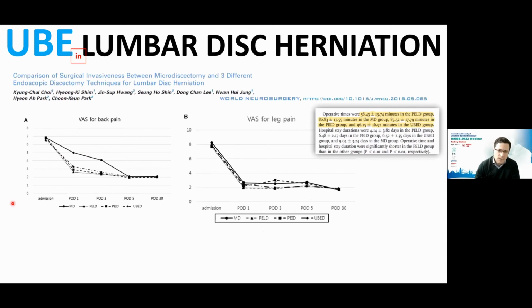But the most important thing of this paper is that the 3 techniques have the same benefit, but with endoscopic surgery you are less aggressive and have fewer complications because there are fewer infections, and you are going to introduce into your armamentarium of techniques wonderful endoscopic tools that can give you more when you increase the complexity.